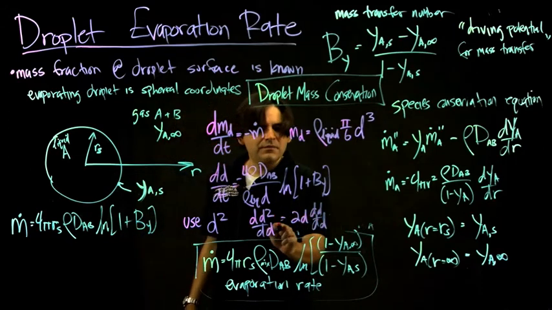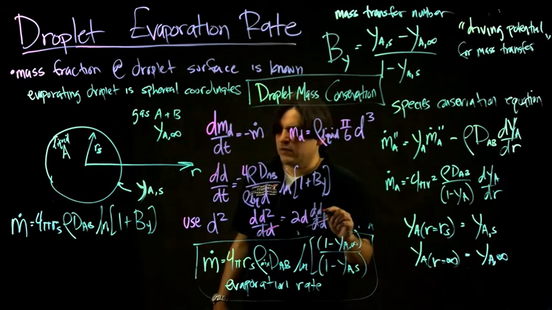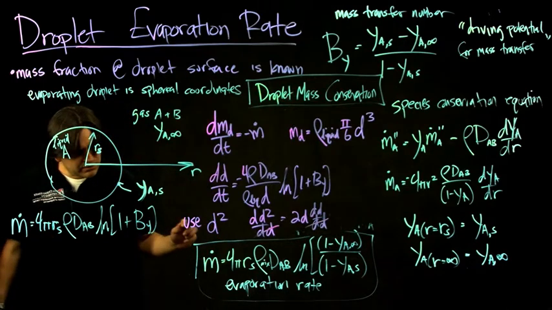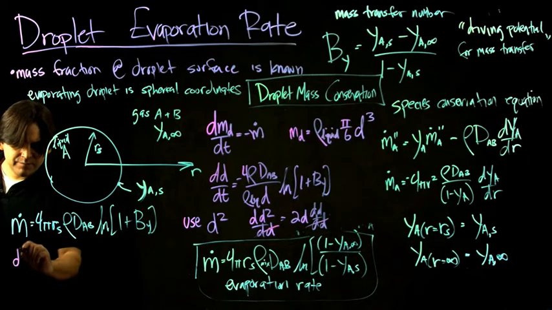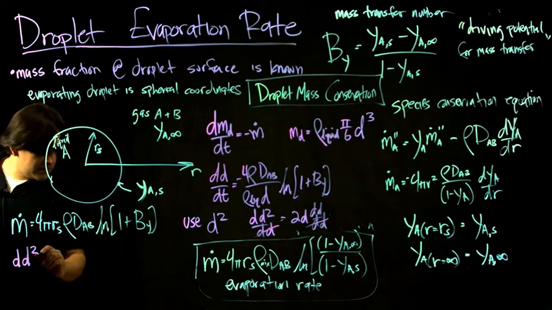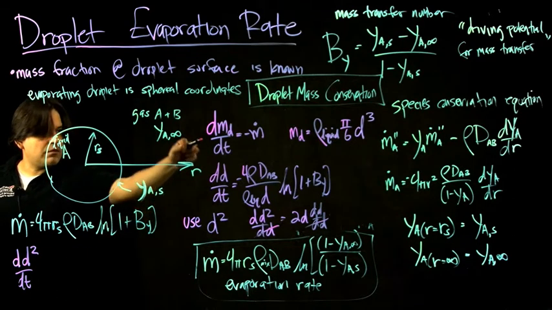So canceling these out, we can write a more differentiable form. It actually cancels out the d. What it says is now you can write this as the differential of the square of the diameter, in terms of time.